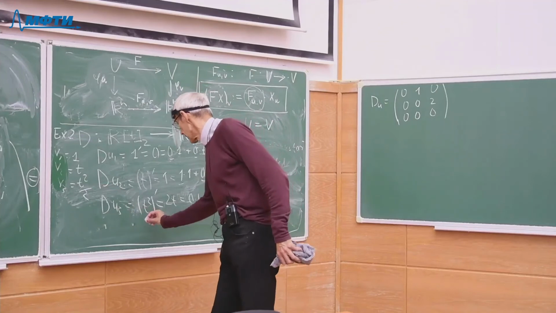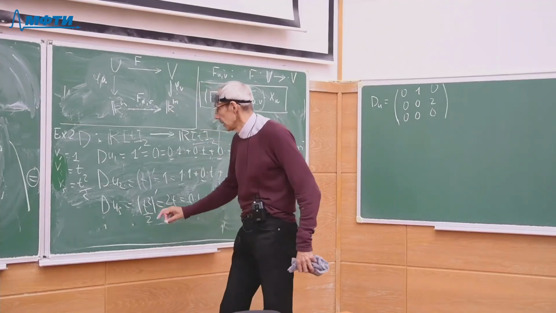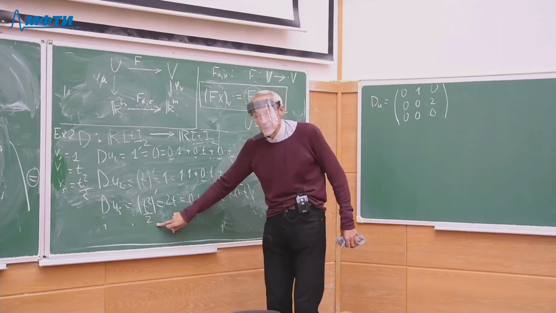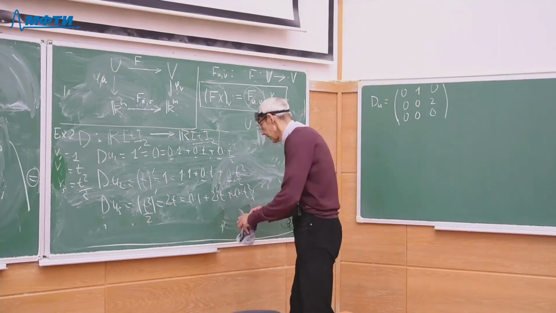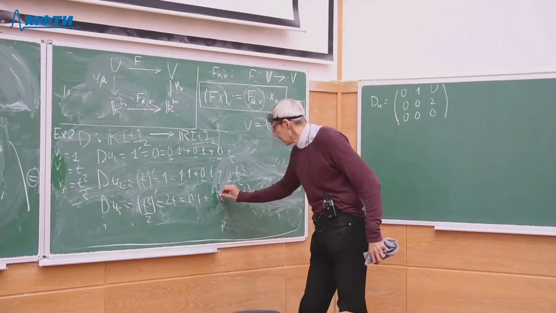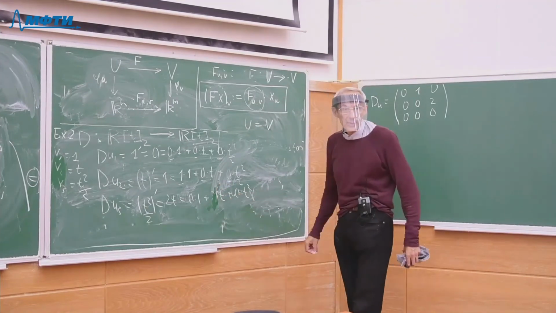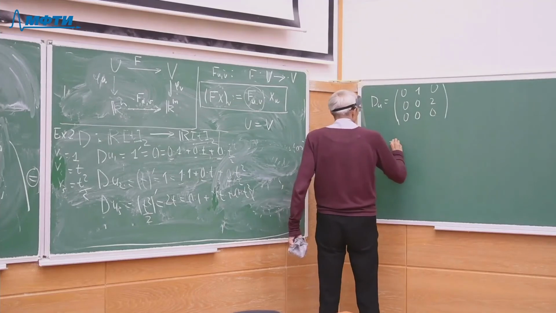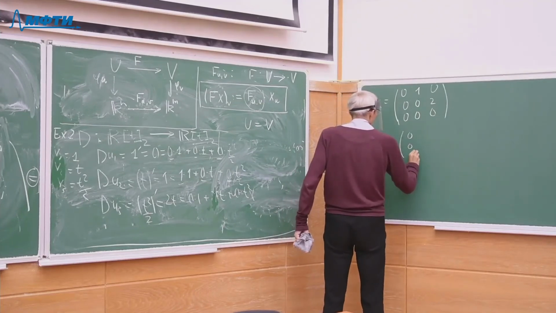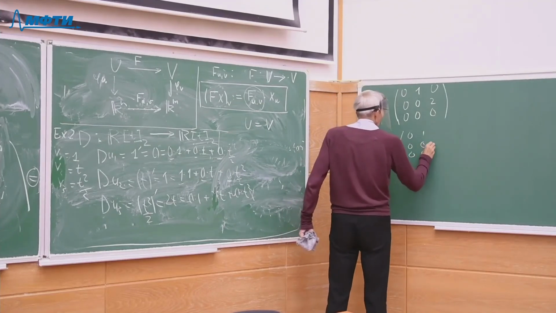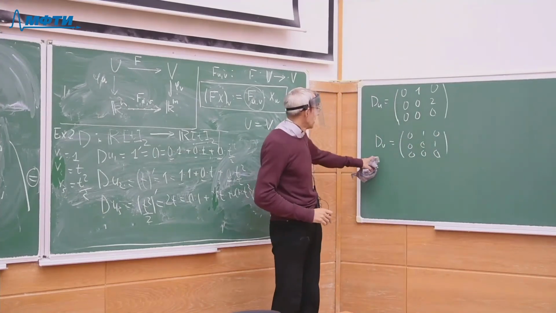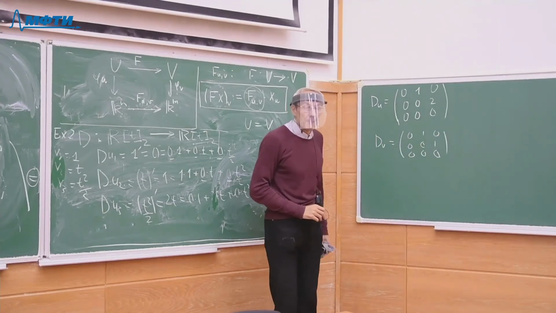I must apply this derivative to t squared over 2, and I explain in this case 1 times t. And I obtain this matrix D in the basis V.